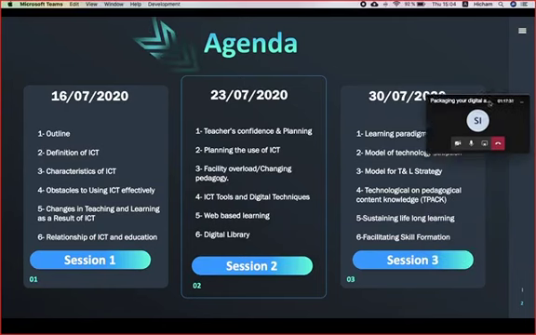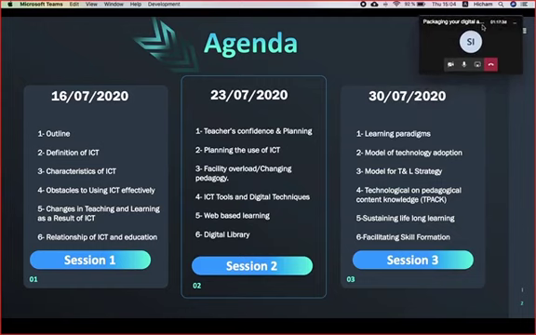Okay, as I've mentioned, this is the agenda of today. We are going to see the teacher's confidence and the planning when it comes to ICTs. We're going to see the facility overload when it comes to the change put over the pedagogy, the ICT tools, the digital techniques, the web-based learning, and the digital library.